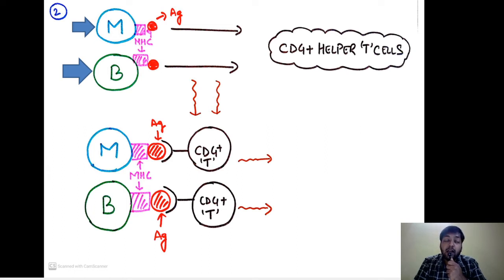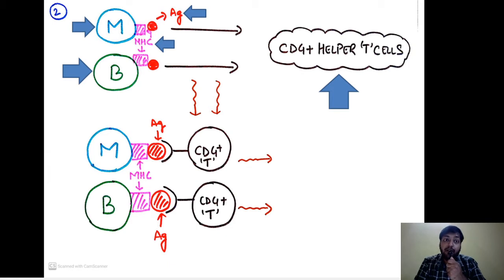But when the macrophages and the B cells present the antigen to the CD4 plus T cells, first of all, we all know that both of them will require the MHC class 2 molecule. As you all know, all the antigen presenting cells, including the dendritic cells, macrophages and B lymphocytes, are going to require MHC. Once they have expressed the MHC molecule, the antigens are going to bind, and now they are going to present it to the CD4 plus helper T cell.